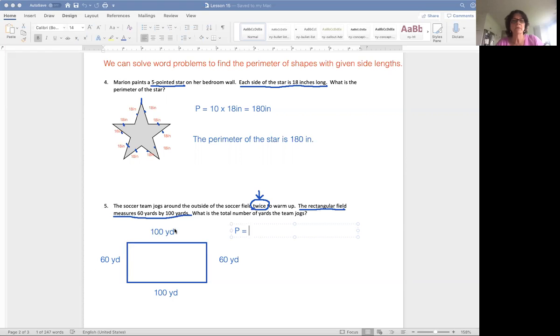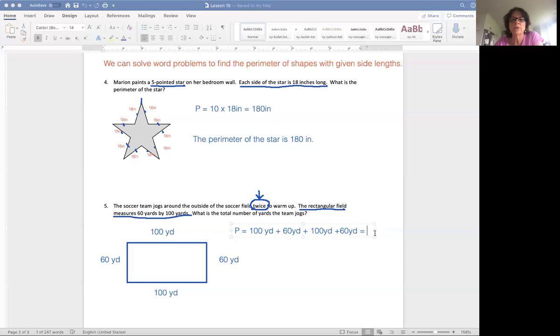So if I start right here with my 100 yards, 100 yards plus 60 yards plus 100 yards plus 60 yards. And then I'd have to find that total.